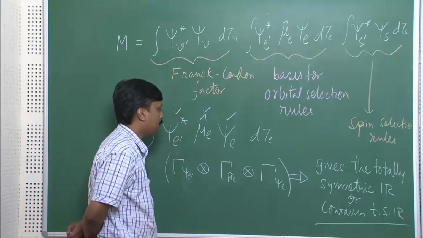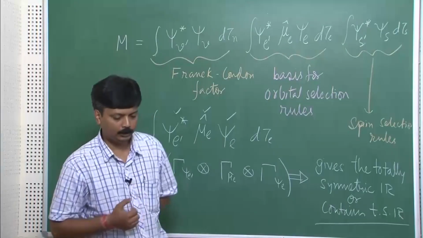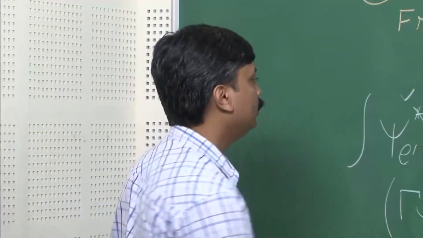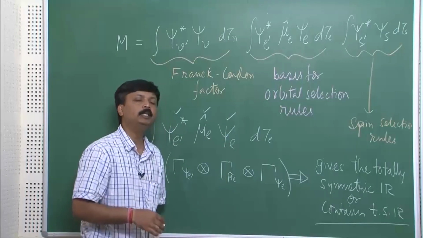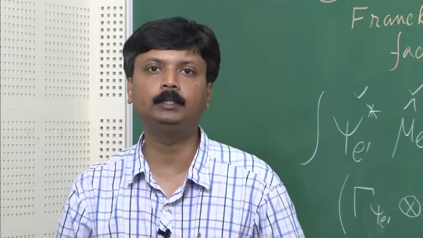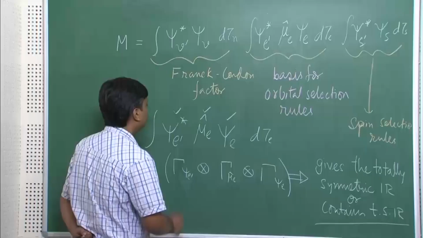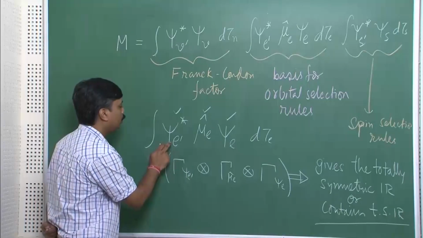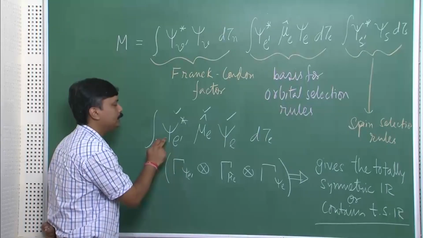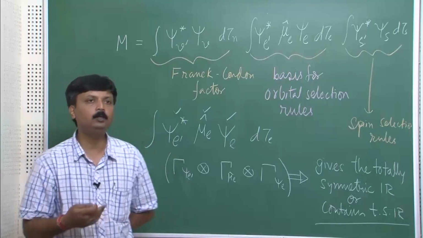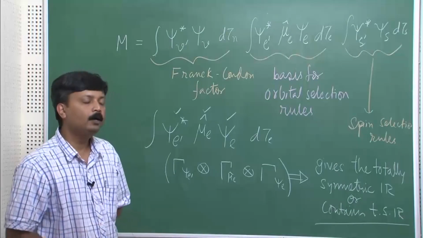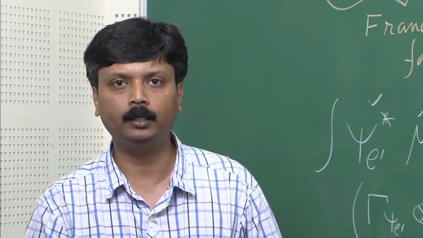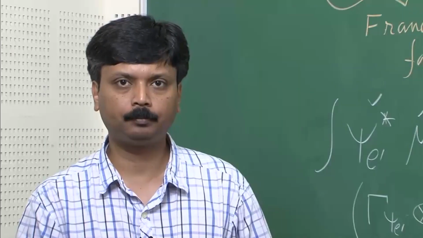Now for an electronic transition where the ground state is totally symmetric, then simply my solution becomes such that I will look for whether the IR corresponding to the excited electronic state contains at least one of the Cartesian coordinates x, y or z as its basis.